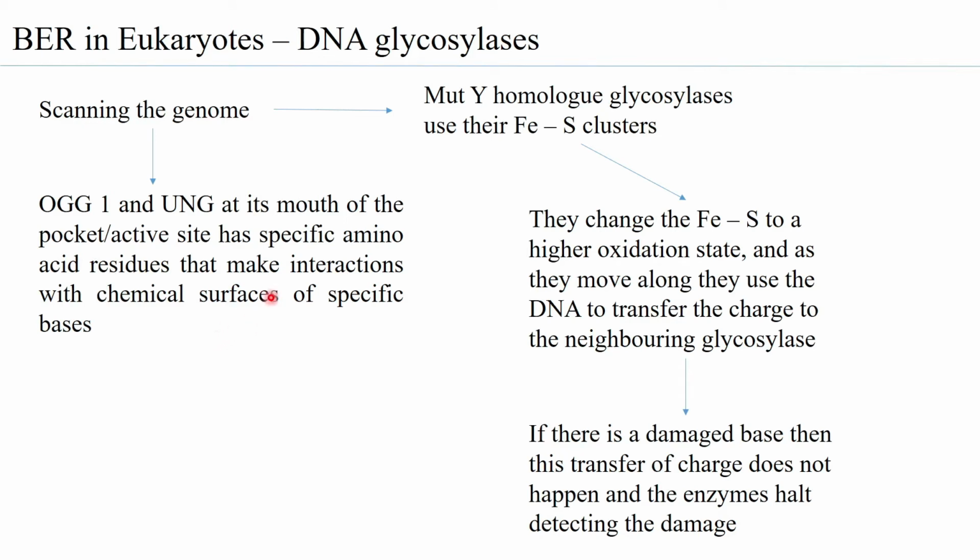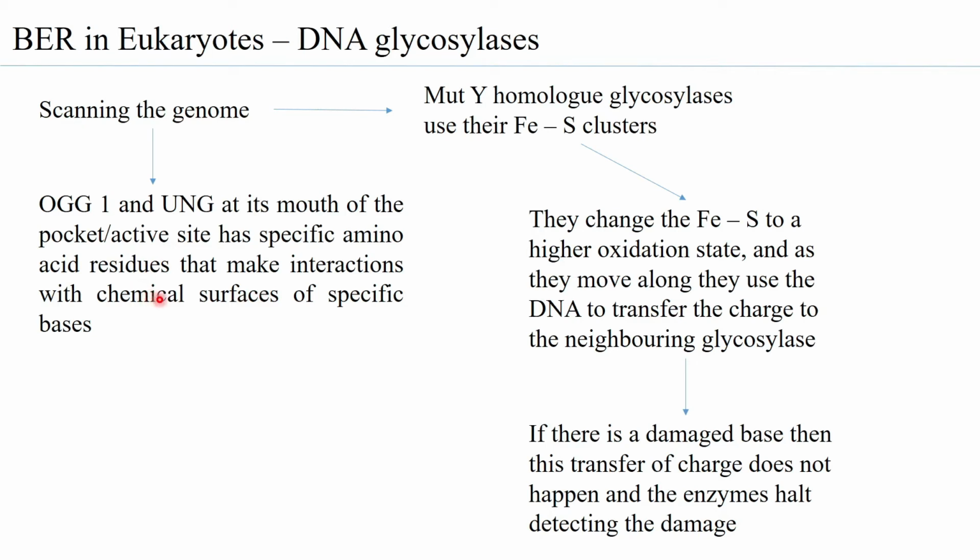That is, if a base is oxidized, then the residues present at the mouth of the active site are able to interact specifically with that oxidized base. So the mouth of the active site of OGG1 and UNG is able to discern a normal base from an abnormal base, and that is how it identifies where exactly the base lesion is.